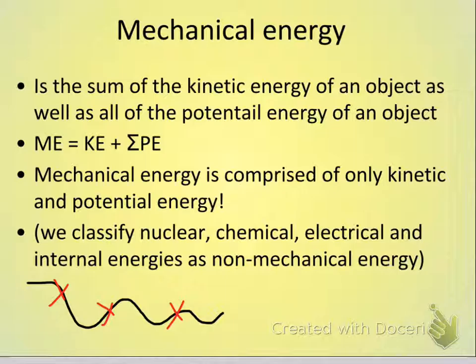So the energy contained in the atom in the nucleus, nuclear energy, excluded. The energy contained in a liter of gasoline, the energy of chemical bonds, excluded. The energy of electrons moving, excluded. Any energy that is internal to a material, excluded. Okay? So we're just dealing here with kinetic and potential. And that potential can be potential elastic, potential gravitational. The kinetic is, well, we only have one kind of kinetic energy. We add those two things together, what we get is the mechanical energy.